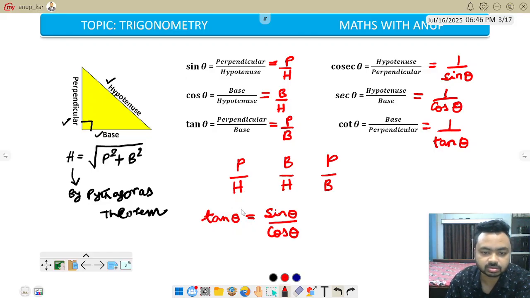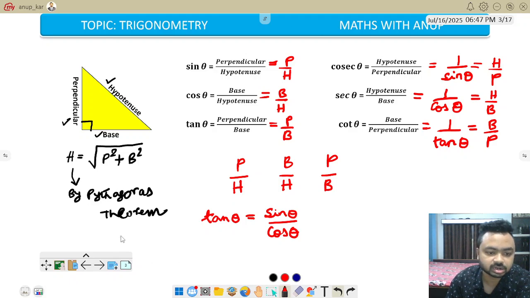Its reciprocal is H by P, that is cosec theta. Here you write H by B, the reciprocal of cos theta, and cot theta is the reciprocal of tan theta, which is B by P. So this is the basic understanding of the trigonometric ratios.